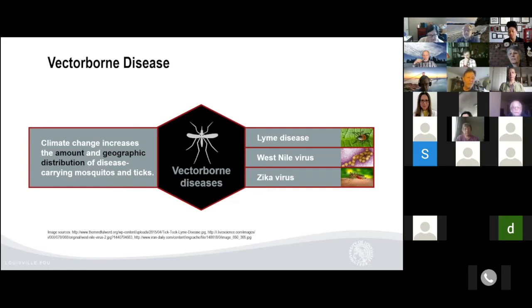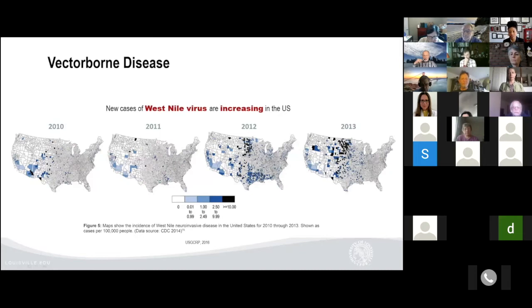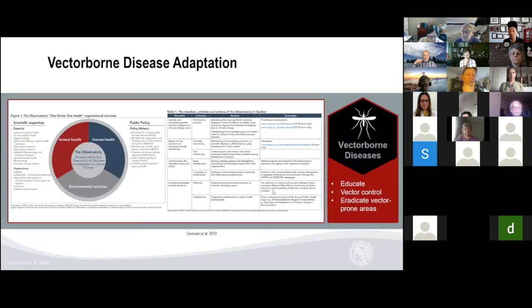The same can be said of the vectors that carry West Nile virus and Zika virus. You can see how the spread of Zika virus and West Nile virus has changed across the US between 2010 and 2013. A One Health approach is useful to addressing vector-borne disease.